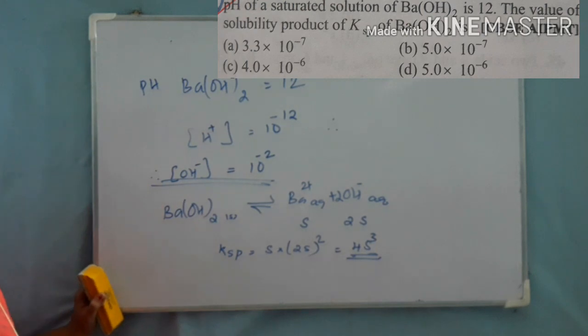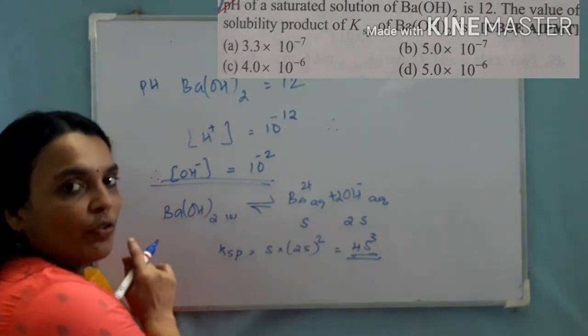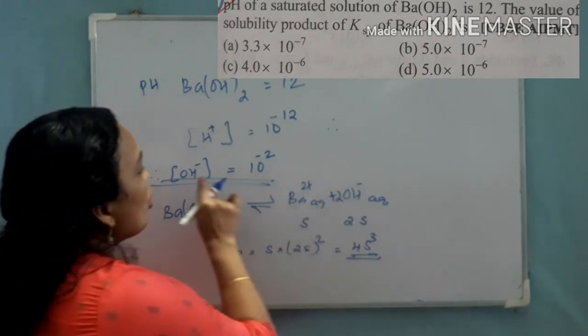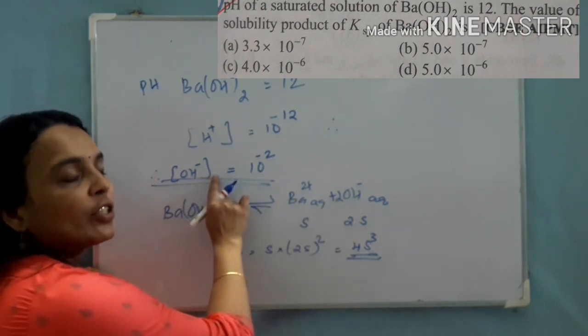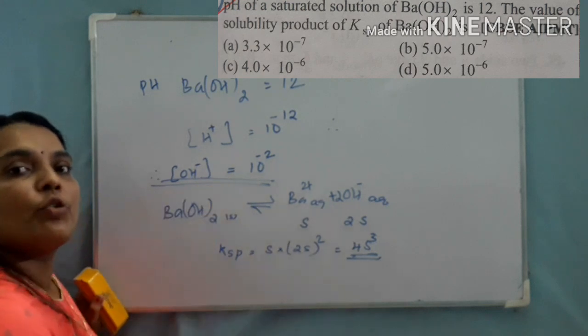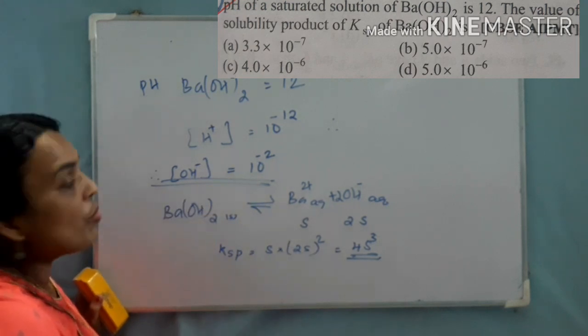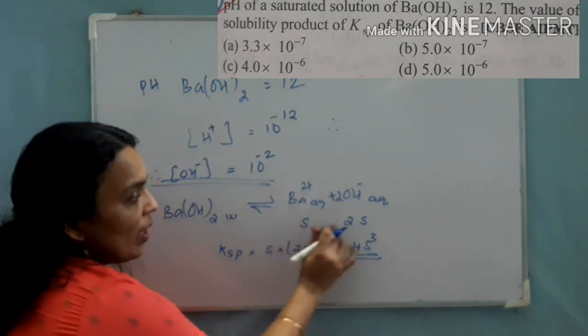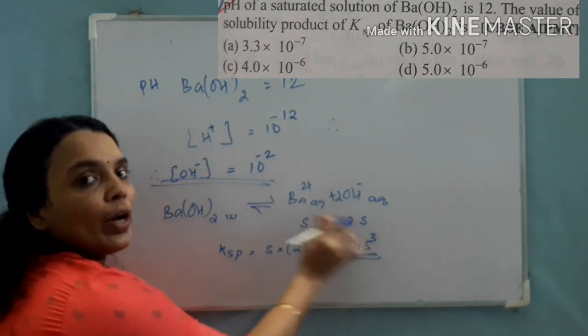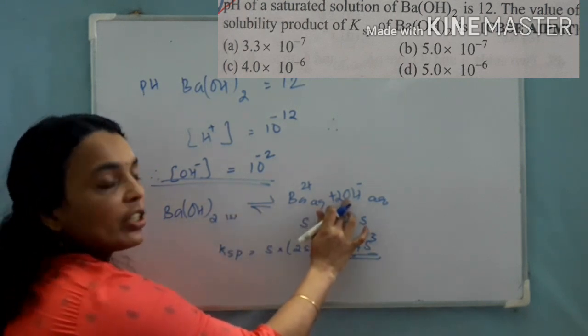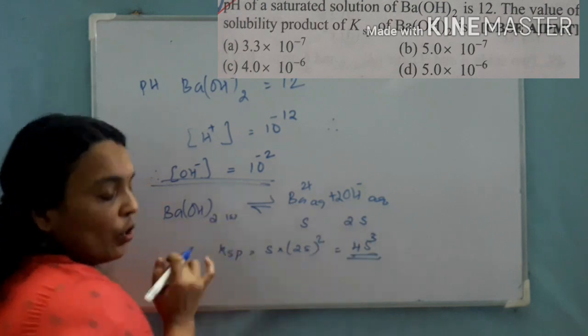Solubility product is equal to 4S cube. But we don't know the value of S. But we know the total molar concentration of OH minus ion present in solution is equal to 10 raised to minus 2. That means the total molar concentration of OH minus ion is equal to 2S.